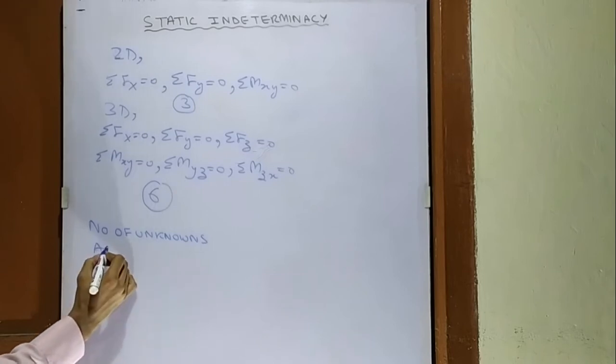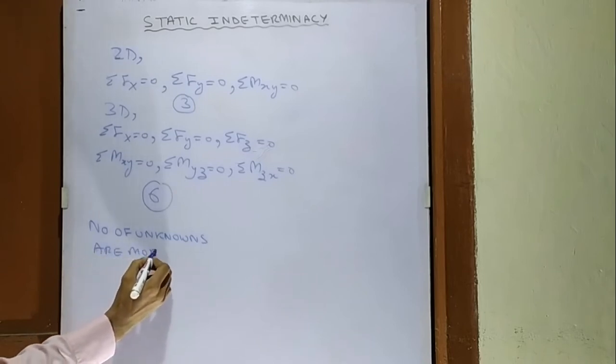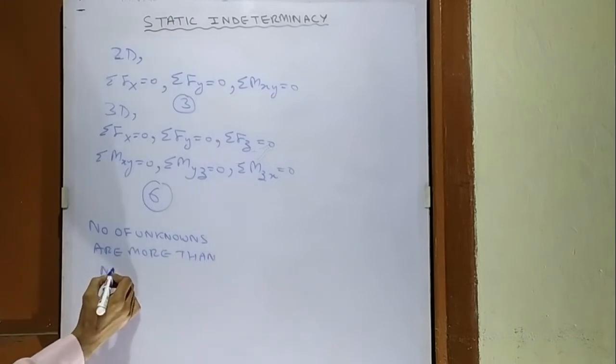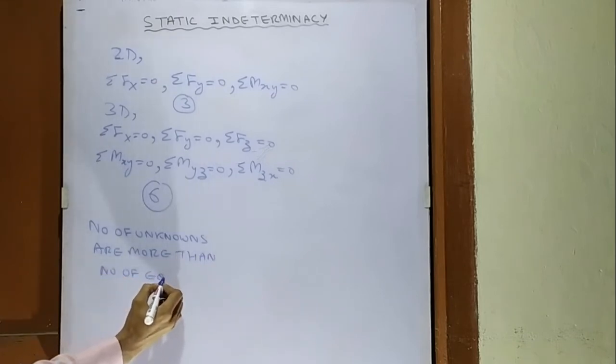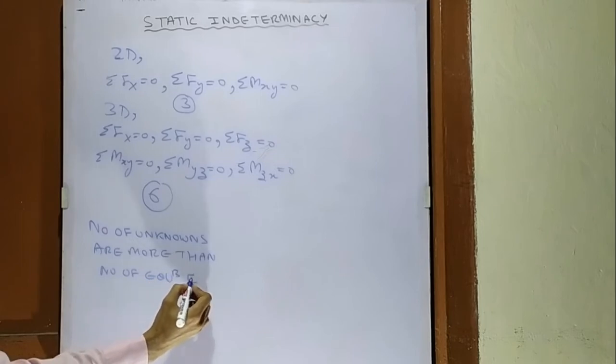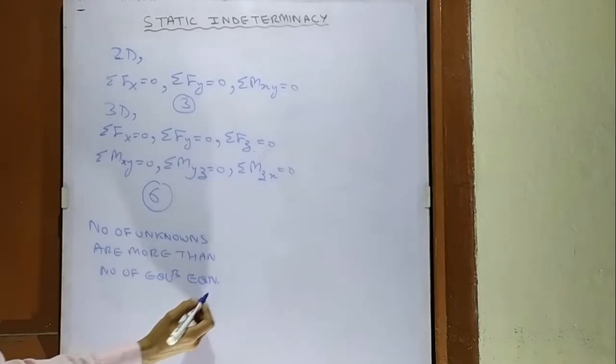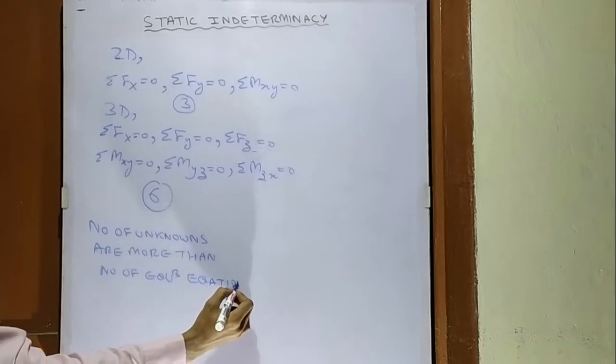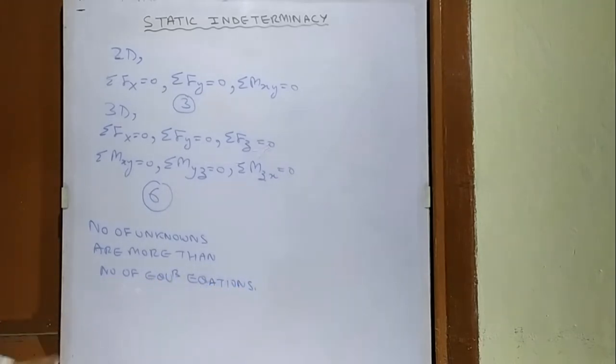Now if in any structure the number of unknowns are more than the number of equilibrium equations, then the structure will be called as statically indeterminate.